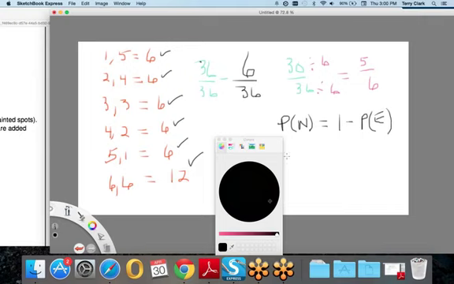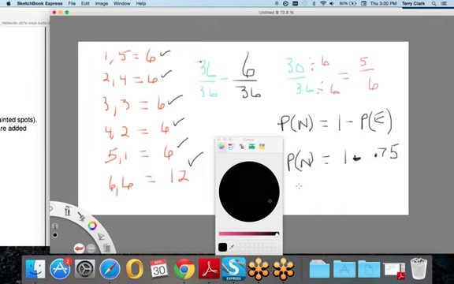Okay, so if we wanted to find the probability that it will not rain, we just simply look at the probability that it will rain. Let's say it's going to be 75%. So the probability it's going to rain is going to be 75%.